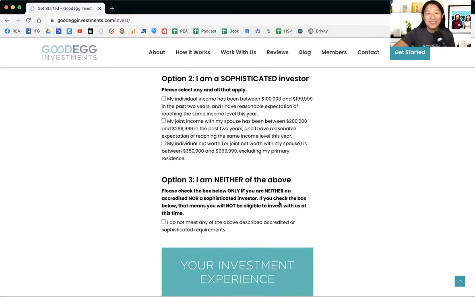And check this out. Remember I talked about how we try to screen people out. We even say right here, if you check the box below, that means you will not be eligible to invest with us at this time. So we're telling them right up front, if you fall into this category, you don't even need to keep going with this form because you're not going to be able to invest with us at this time.